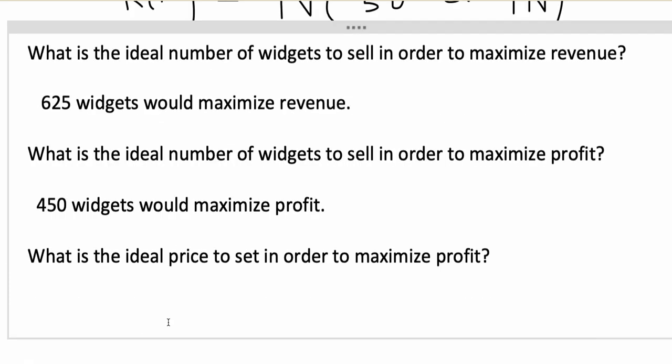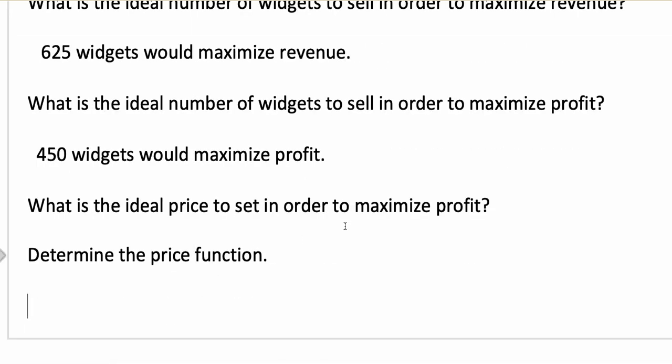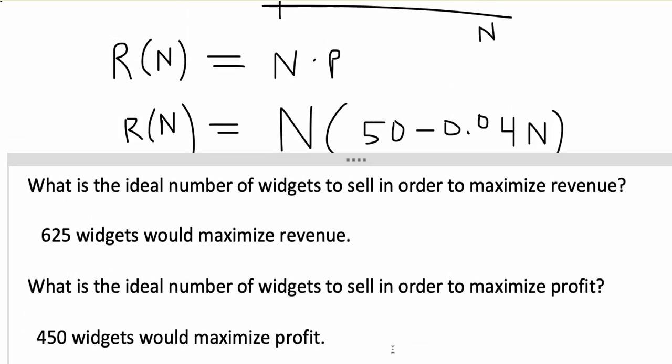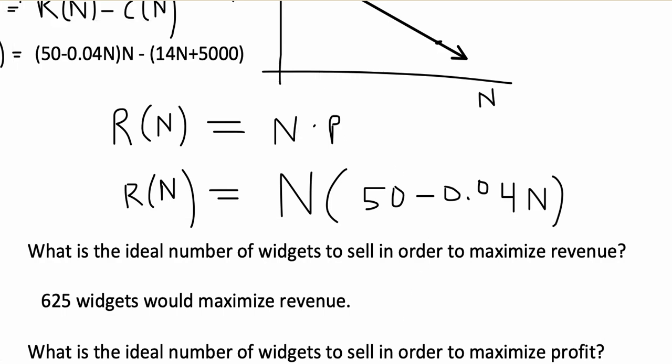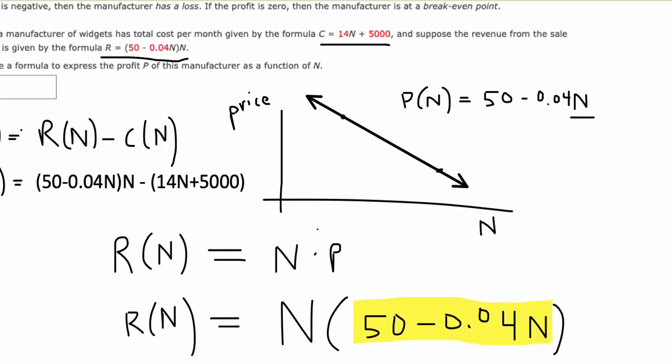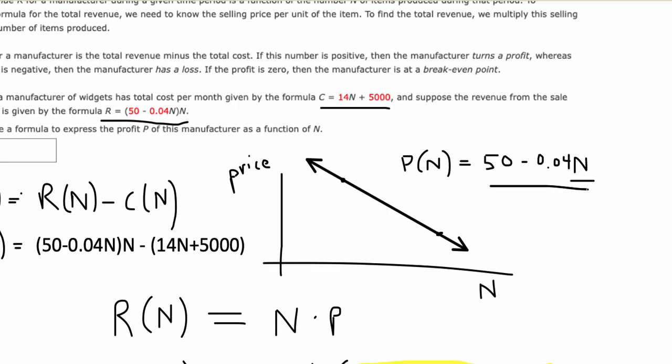You just have to first determine the price function here. Okay, so what is the price function? The price function is this part: 50 minus 0.04n.